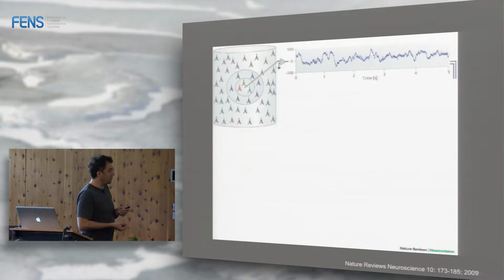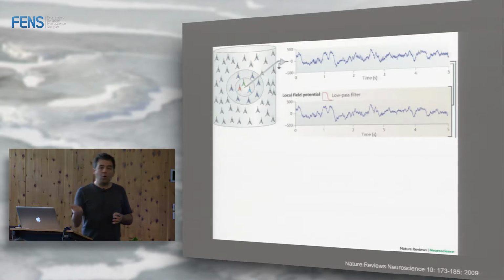Now, there are two things you can do. The first is to low-pass filter the data. This is broadband, a signal that has activity from 0 to thousands of hertz. If you low-pass filter the signal, you stay with the low frequencies, typically between 0 and a few hundred hertz, and that's what people study.